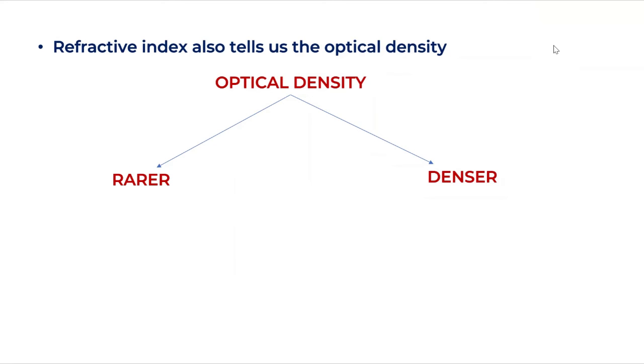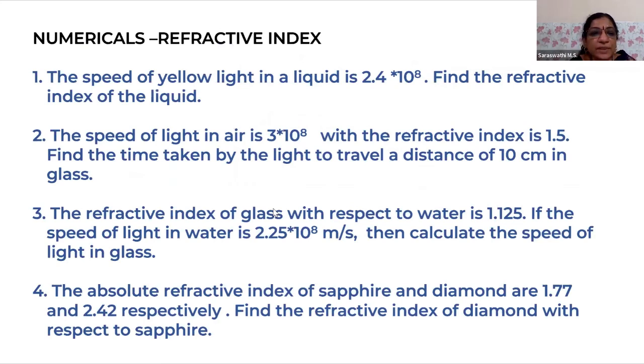Air has got the least. 1.003. Vacuum is 1. Which is very dense, optically denser? Diamond. Diamond 2.42. If you check the values, you get it like that. They are asking you to find the absolute refractive index.